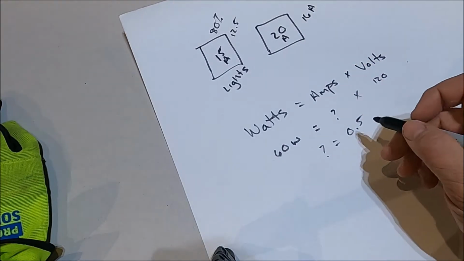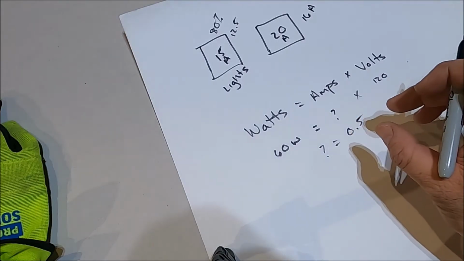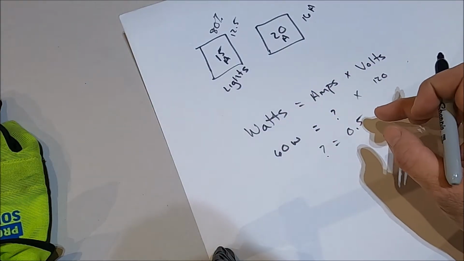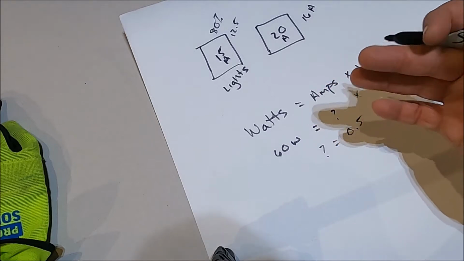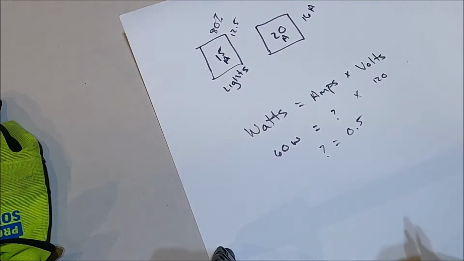So as long as you keep this calculation in mind, and you understand this equation and what the wattage is on your fixture, then you'll know how many of those fixtures you can put on your light circuit.